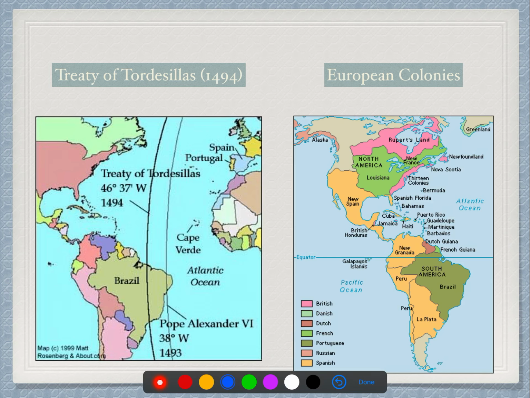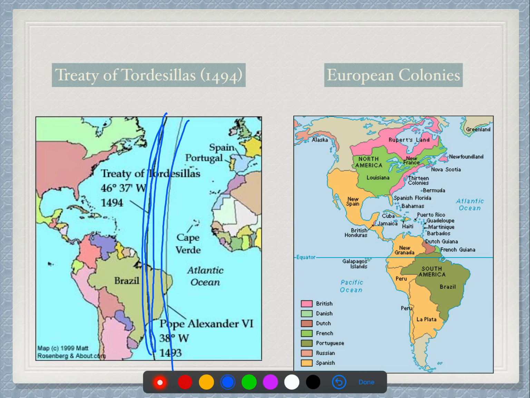This line is going to divide territory for Portugal and Spain because in the late 1400s, these are the two that are going to be the most important when it comes to European exploration. It looks like England is really kind of coming in last place. And so they divide the territory for not all of Europe, but for Spain and Portugal.